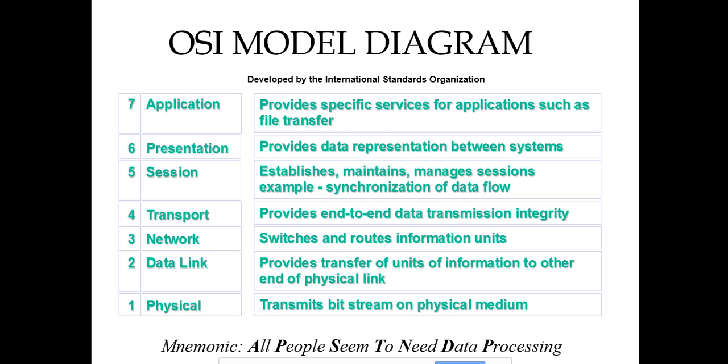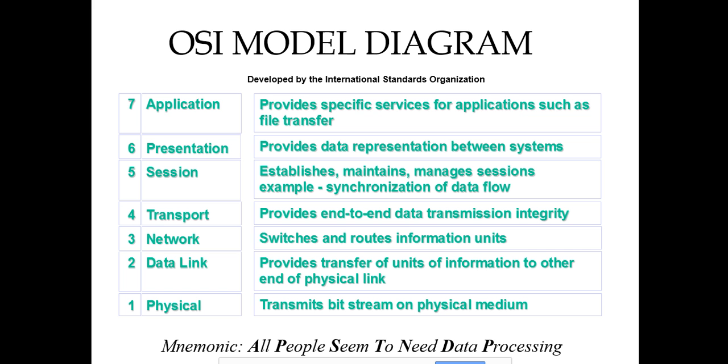One of the mnemonic ways to remember this is: all people seem to need data processing. If you say it to your muted microphone here, you can say all people seem to need data processing. And I've heard it a number of different ways. This is the one that I usually teach.